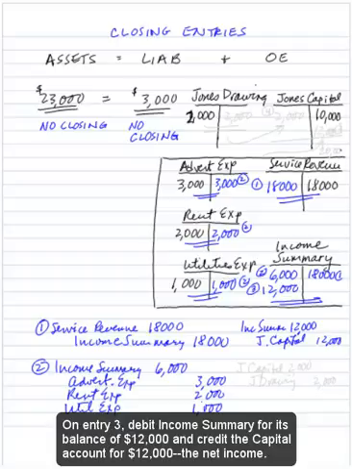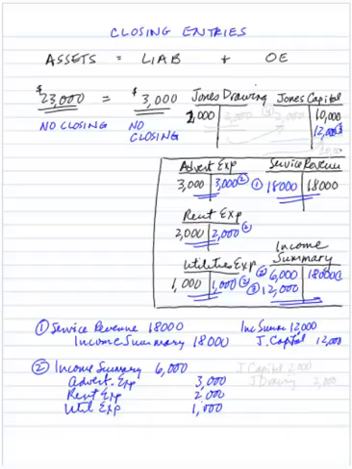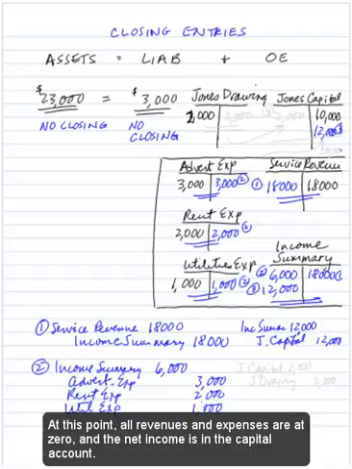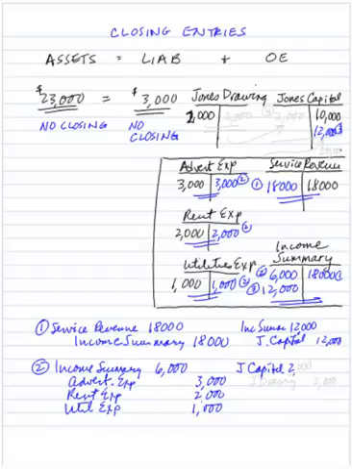And moves that $12,000 into the capital account, entry 3. So at this point, everything that's in that box there is at 0, and the net income is now in the capital account.